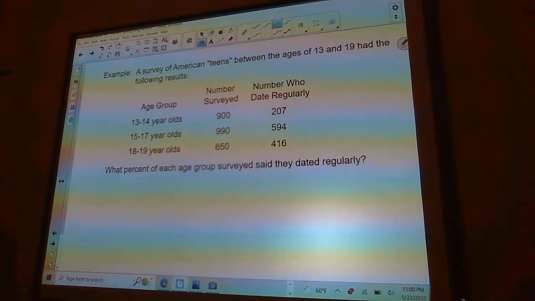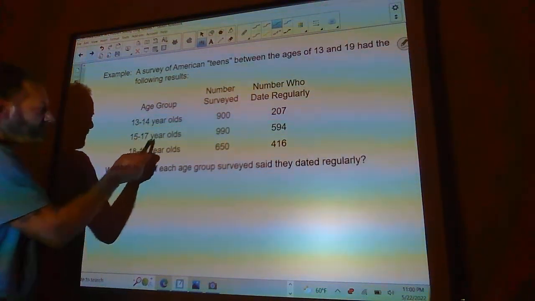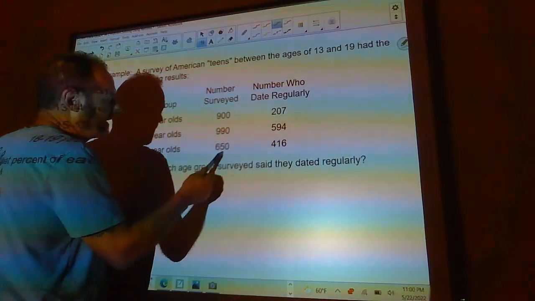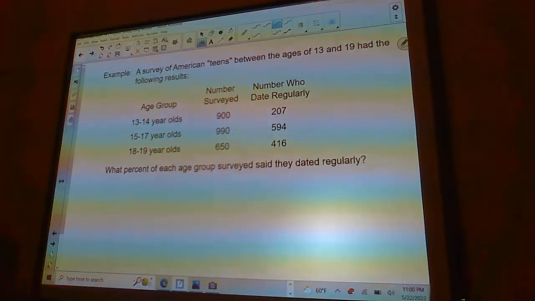Alrighty, a survey of American teens between the ages of 13 and 19 had the following results. The age groups are 13 and 14, 15 through 17, and 18 and 19-year-olds. Number surveyed: 900, 990, 650. Number who date regularly: 207, 594, and 416.